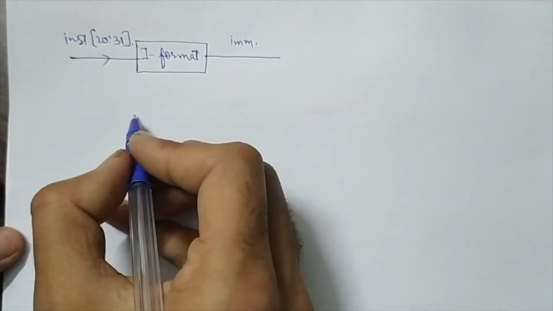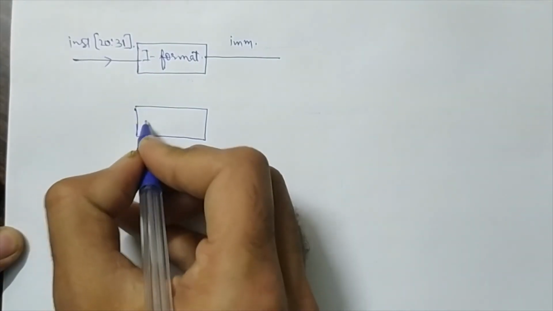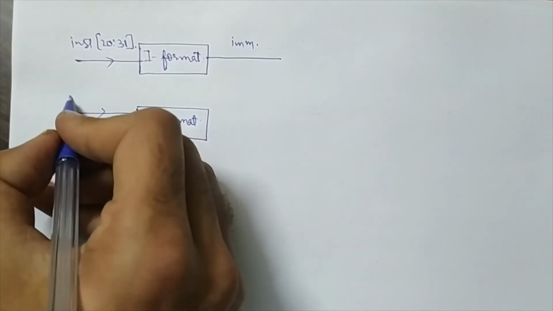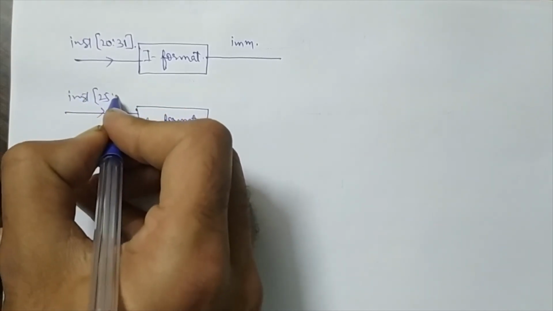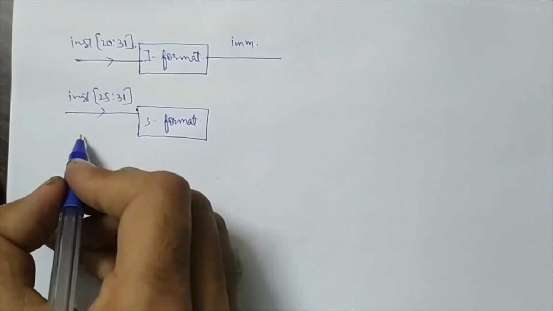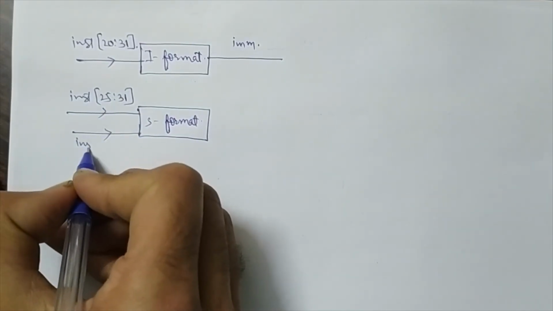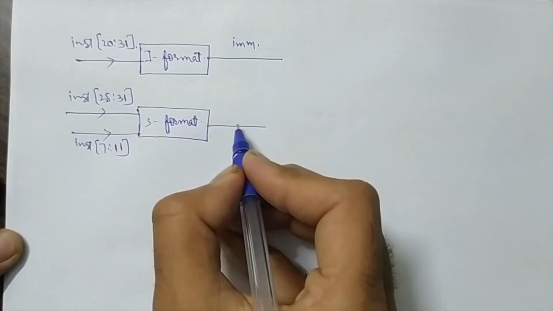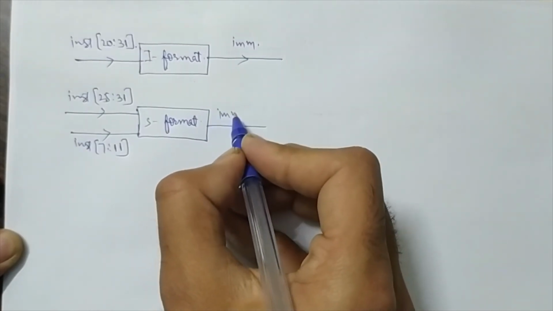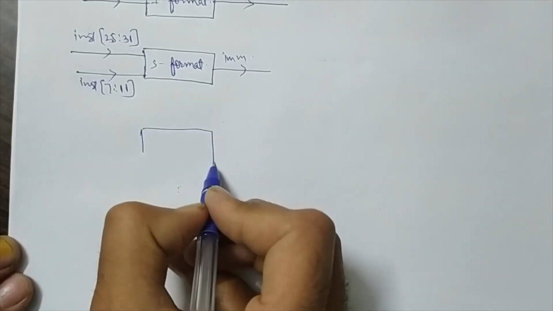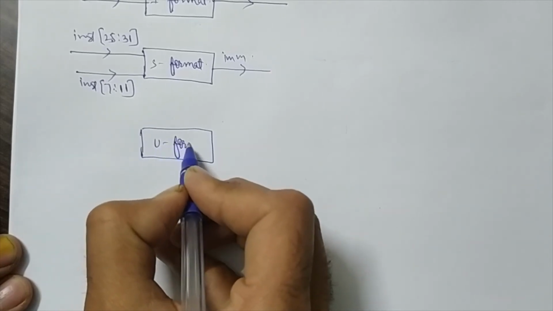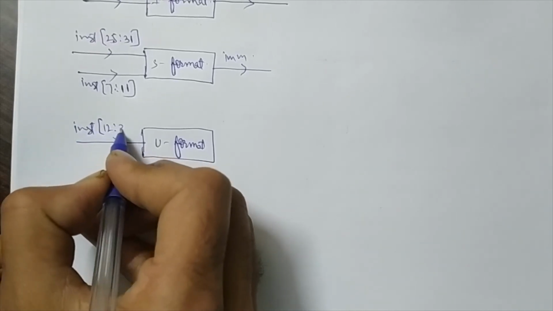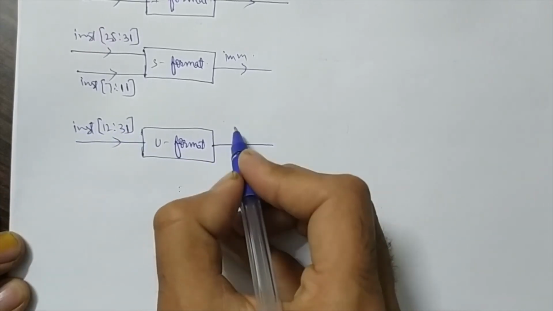We will give the same instruction to the S format block, which takes instruction bits 25 to 31 and instruction bits 7 to 11, and using these two components, it will form its own immediate. Then comes the U format block. It takes instruction bits 12 to 31, and from these bits it can form the immediate.